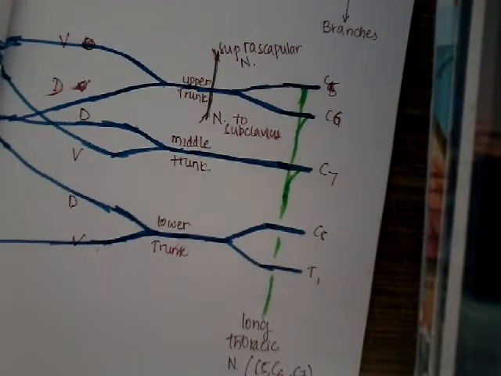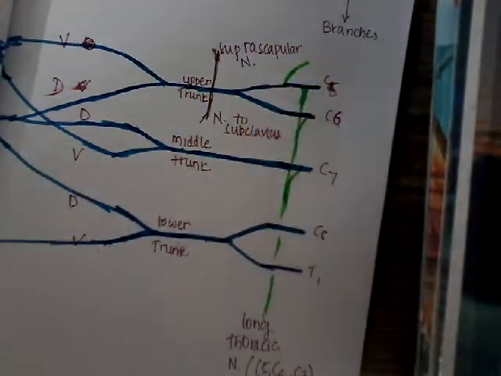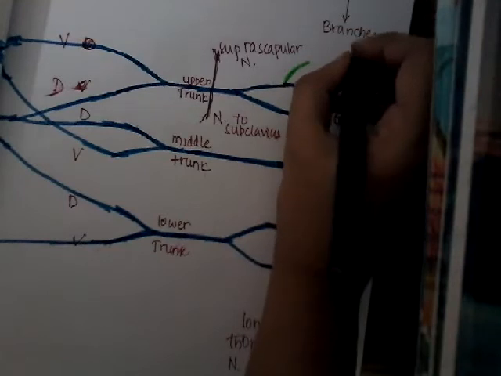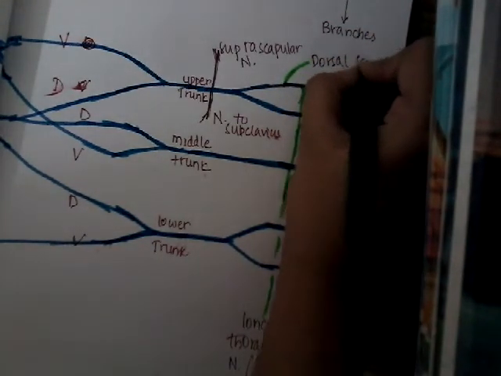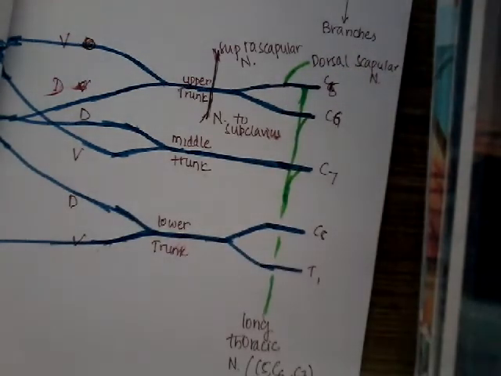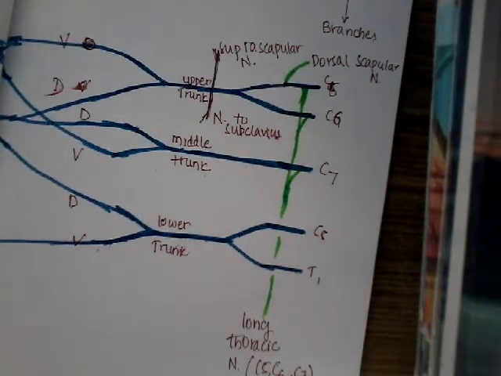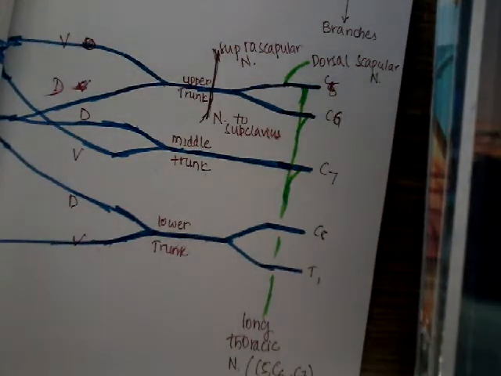The next nerve is only from C5. C5 gives the dorsal scapular nerve, nerve to rhomboids. Dorsal scapular nerve, which is nerve to rhomboids. That is C5. So these are the different branches which you see in the brachial plexus.